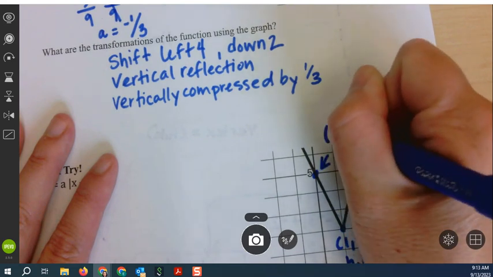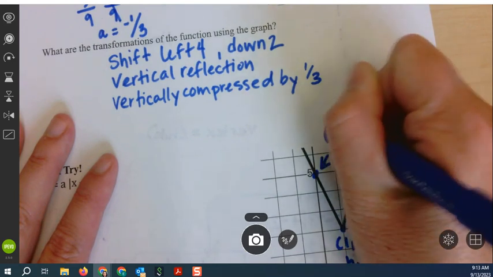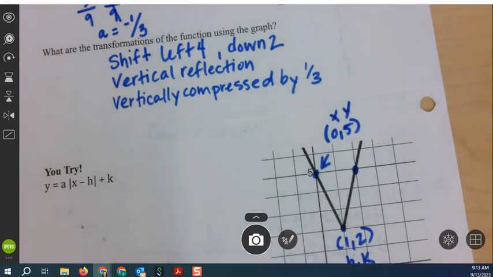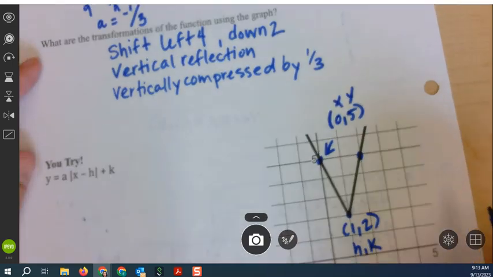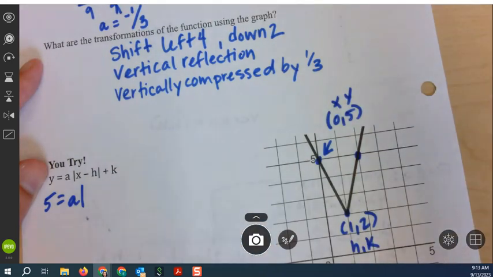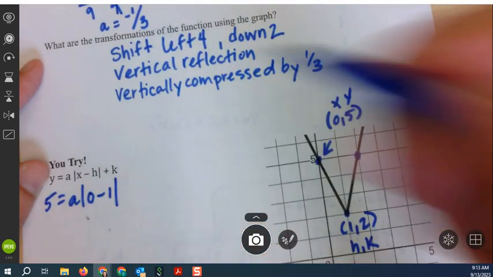You use this one, which is 0, 5 for your x, y. You could have used a different point, but I saw a lot of you use that one. So I'm going to substitute in for my y and my x, my h, and my k.